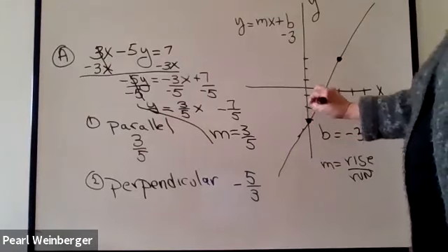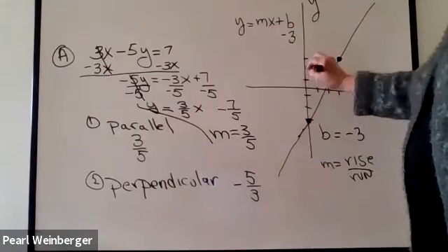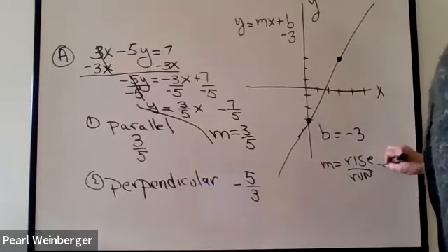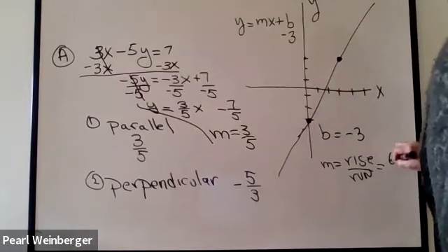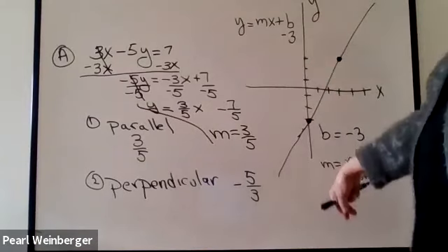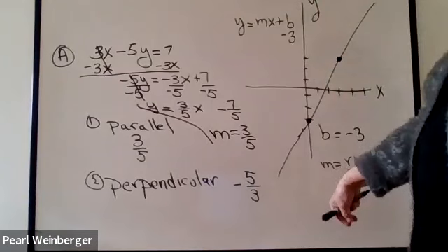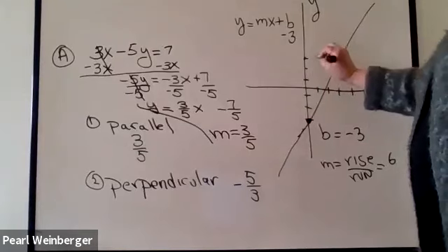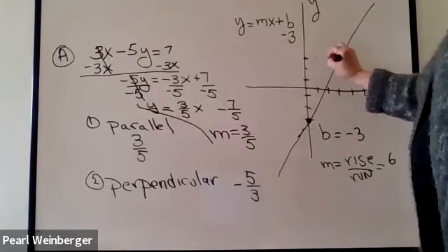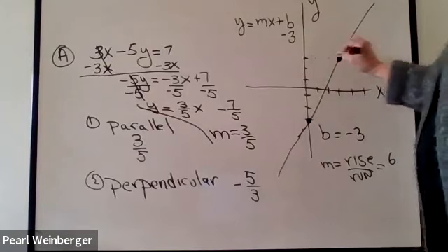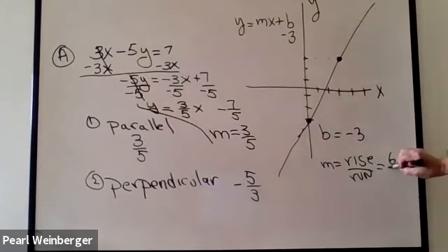From this point, we're going up 1, 2, 3, 4, 5, 6, which means I'm rising 6 because I went up. If I would have been going down, I would have said it was -6. Then I count across the run. So over here, I'm going 1, 2, 3. My run is 3. I'm going to the right, so it's positive.